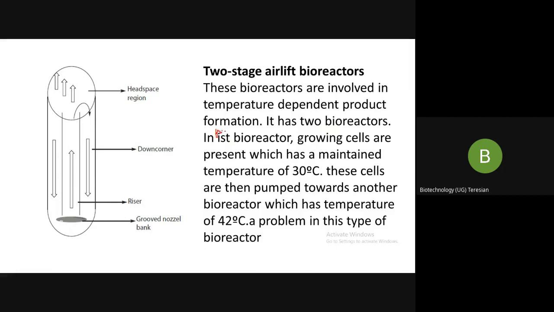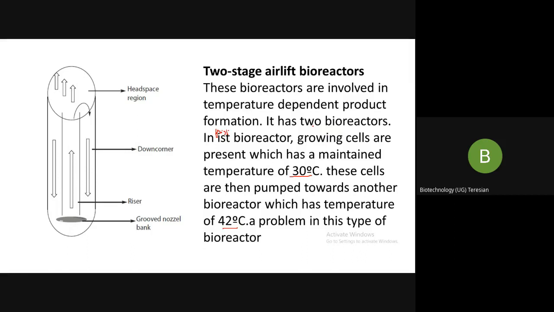So in the first bioreactor, the growing cells are present, which are maintained at a temperature of 30 degrees centigrade. These cells are then pumped towards another bioreactor which has a temperature of 42 degrees centigrade. So are these two temperatures the same? No. But your product requires two different temperatures.